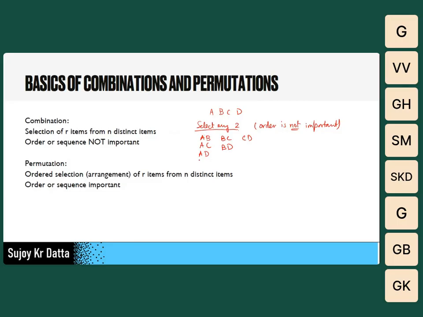How to get these 6 without actually counting? So there's a formula for this. This is what the combinations formula is, nCr, which basically is n factorial upon r factorial times n minus r factorial, where n represents the number of objects, and r represents the number of objects you need.